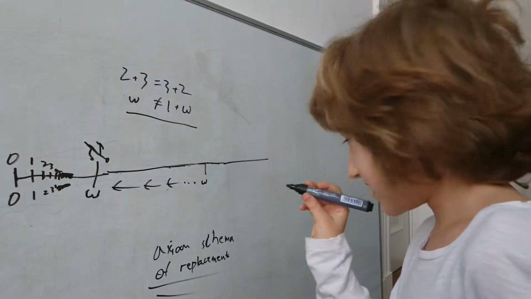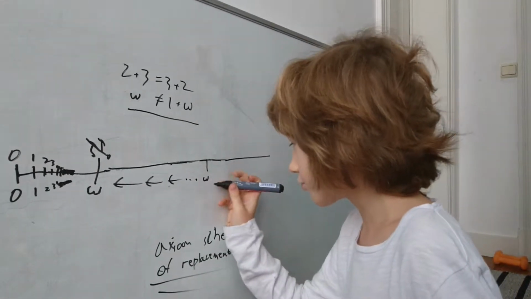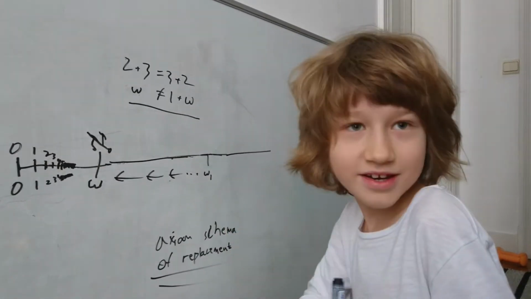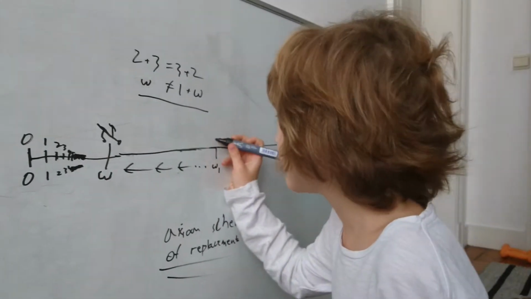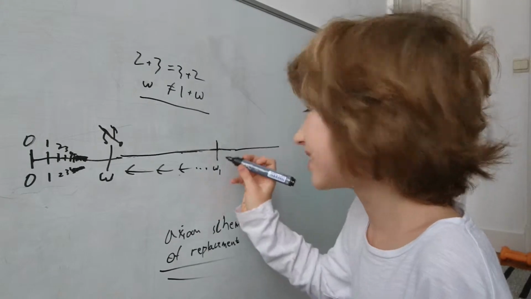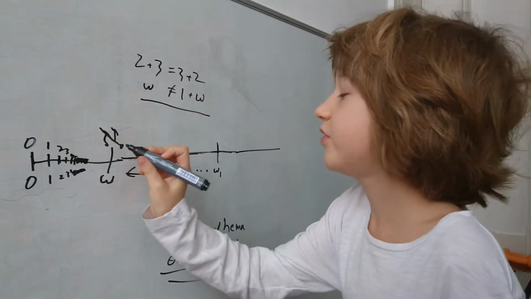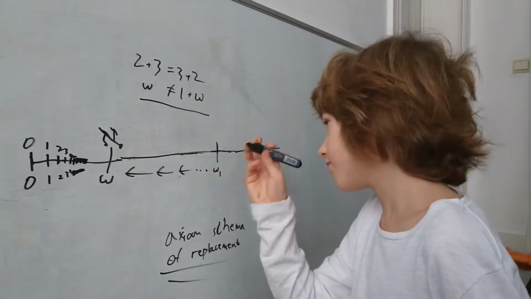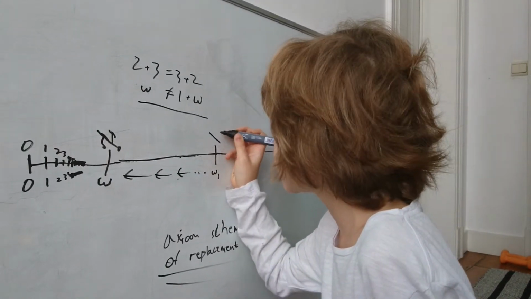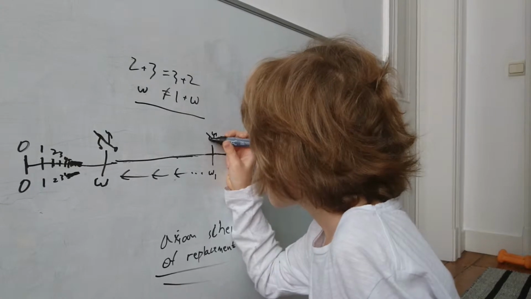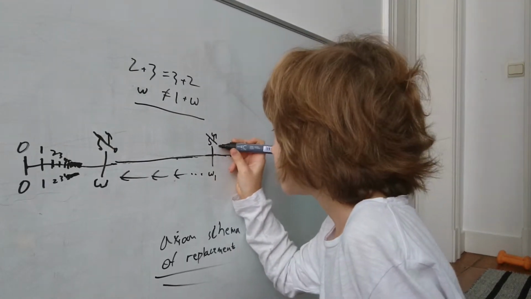And this is called omega 1. Omega 1 matches up with a cardinal again, because if it were just this, then it would be somewhere in here, but it's not, right? So we get a new cardinal, and we define it to be Aleph 1.